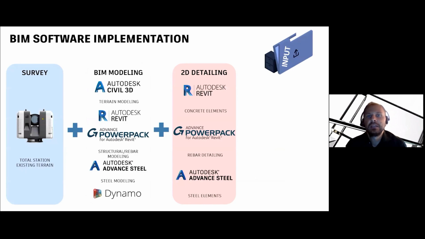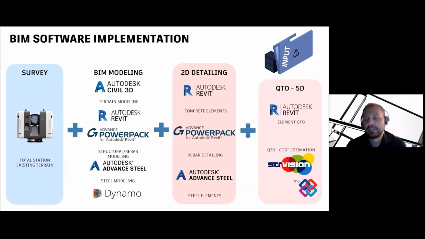Then for 2D detailing, we use Revit for concrete elements, and for total rebar detailing, sheet production, and schedules management, we use Graitec Advance PowerPack. Instead, for steel elements, we use Autodesk Advance Steel.